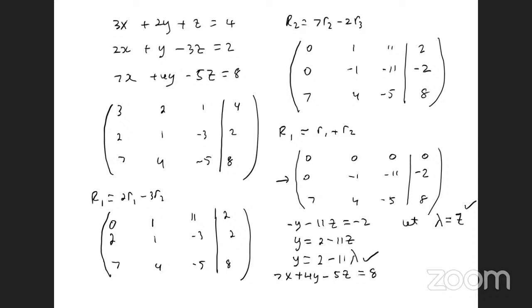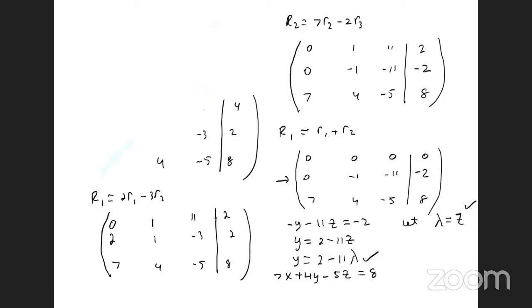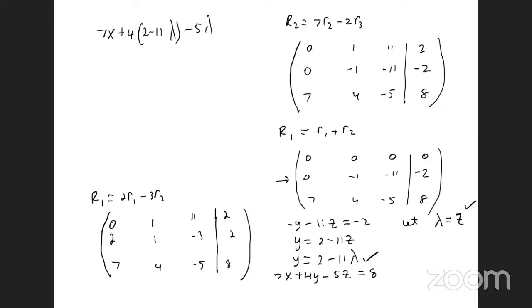All I have to do now is make x the subject of the formula. I'll rub off from the top here. So I get 7x plus 4y, y is equal to 2 minus 11 lambda, minus 5z. Remember, z is lambda, equal to 8. So I get 7x plus 8 minus 44 lambda minus 5 lambda is 8.